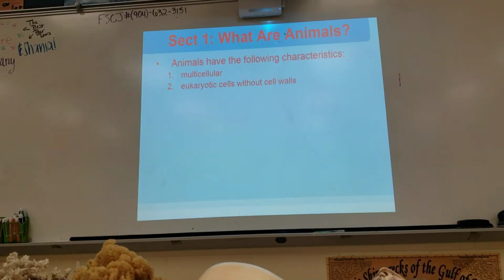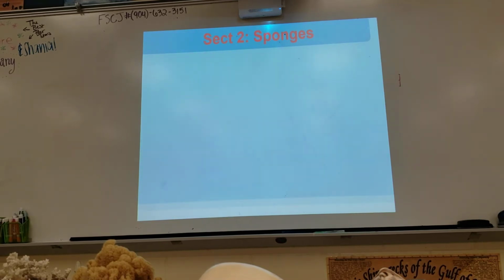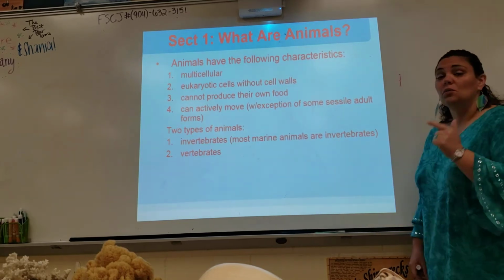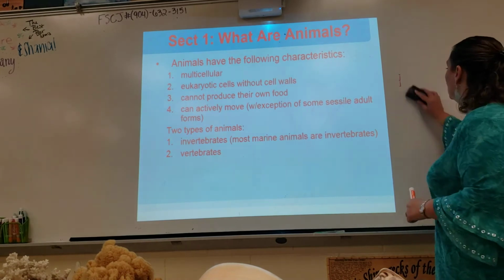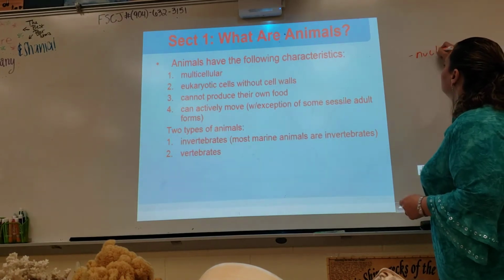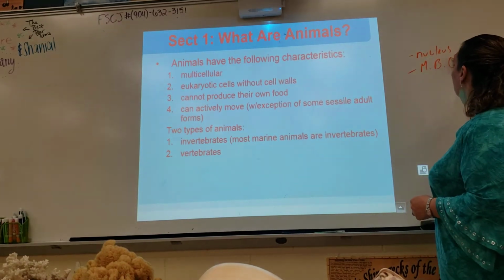So the first question is, what are the definitions, what are the characteristics, of an animal? Animals have to be multicellular. They have to be eukaryotic. Remember, characteristics of a eukaryotic organism are that they have a nucleus and membrane-bound organelles.